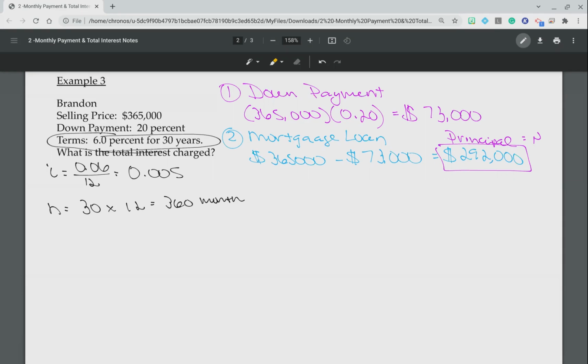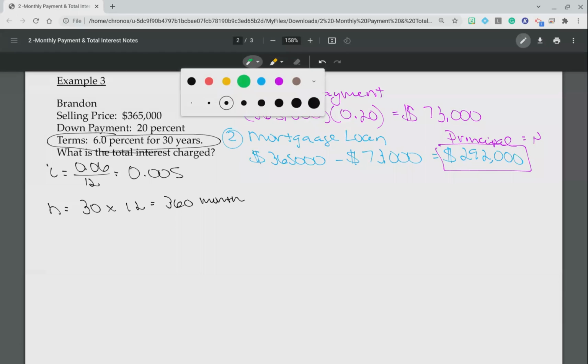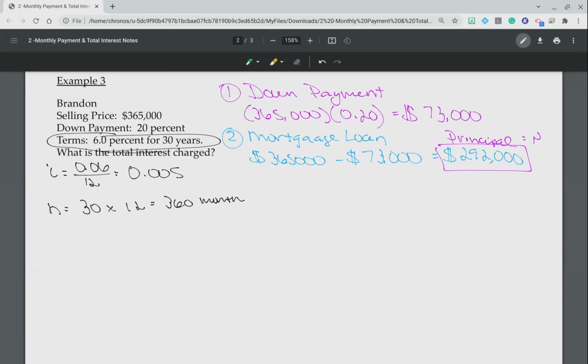All right, so now let's figure out our monthly payment. And I will make that step 3. So our monthly payment is going to be plugging that into our monthly payment formula, and that's that big one.